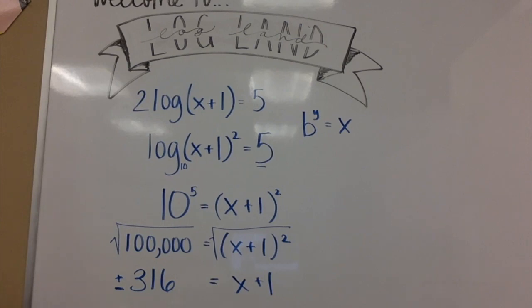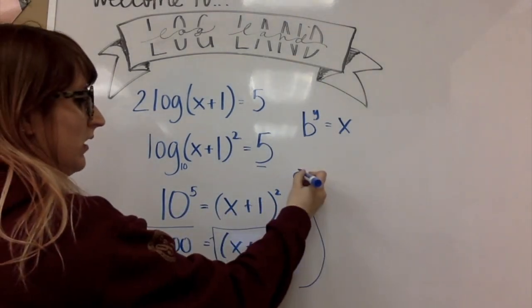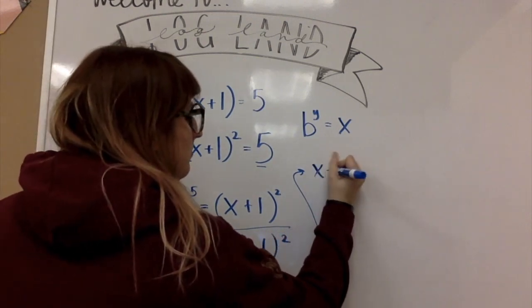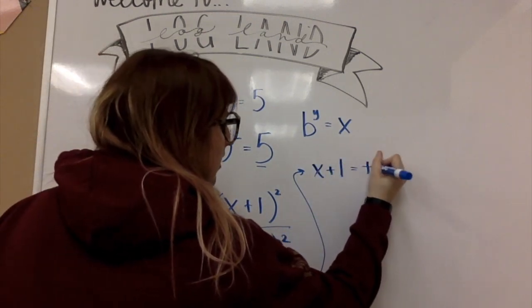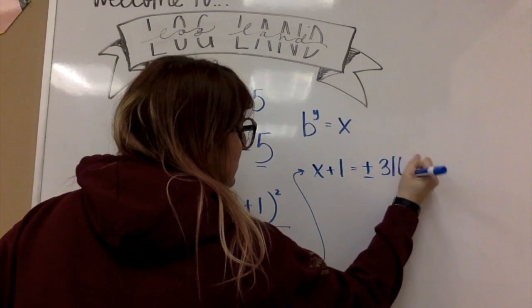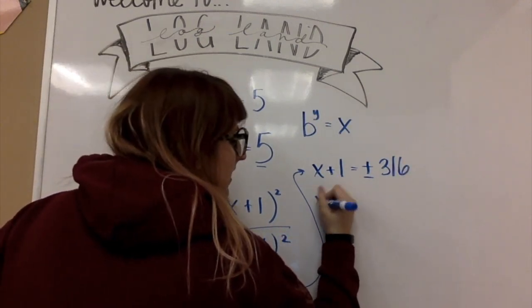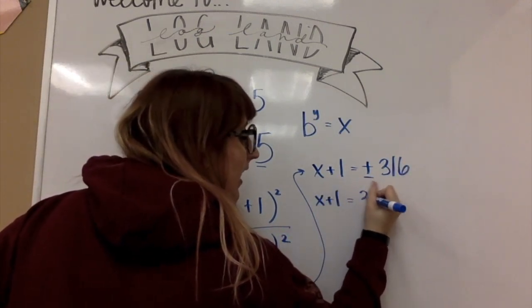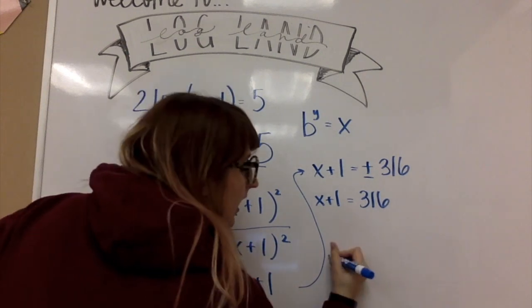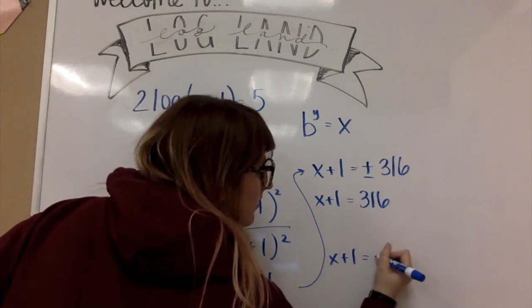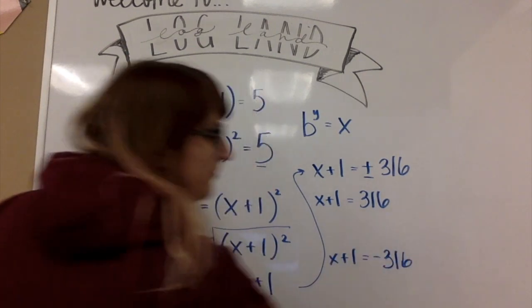So I'm going to rewrite this over here. And I'm going to say x plus 1 equals plus or minus 316. So that means that x plus 1 equals positive 316 and x plus 1 equals negative 316.